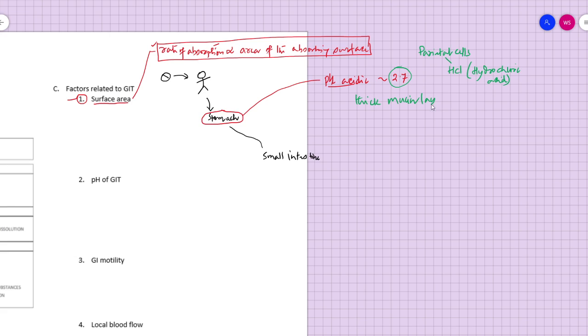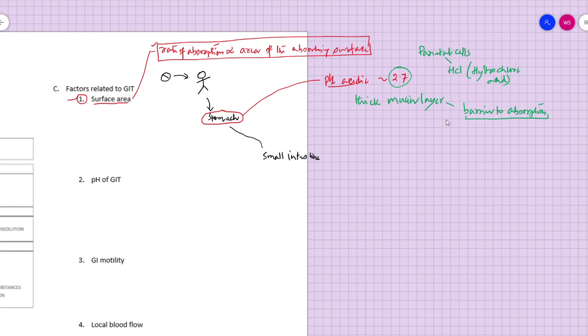Okay, so this mucin layer protects the tissues of the stomach from the acid. Okay, but the problem is this thick mucin layer is a barrier to absorption. Okay, so in comparison to the small intestine, less absorption takes place in the stomach.